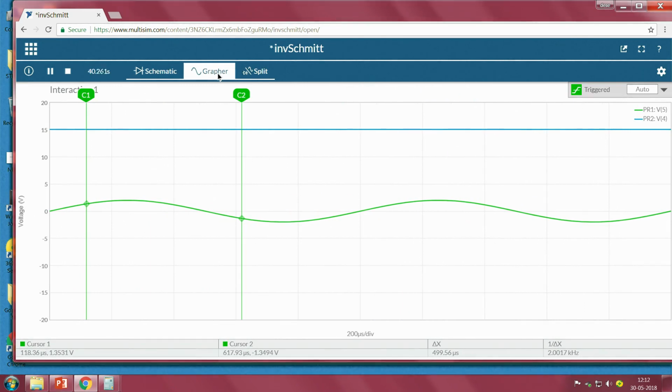I cannot see any change in the pulses. I cannot see any pulses. The reason is that when we look into the higher threshold and lower threshold values, the higher threshold value is 7.5, lower threshold value is minus 7.5. But what about my input? Input is lower than the threshold value. That is the reason we can only see one output, VCC.